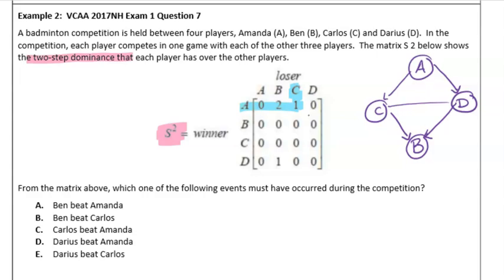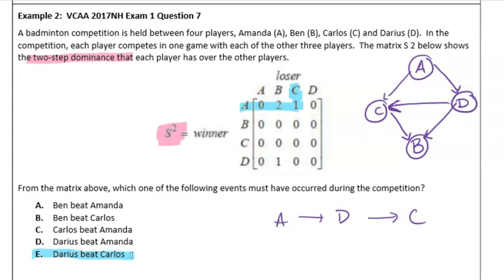And so here, in order to get a 2-step that links Amanda to someone who beat Carlos, it has to be Darius beating Carlos, working across that diagram that way. Because if Amanda beat Ben, Ben lost to Carlos. We already know this from that first interpretation of A having 2-step dominances over Ben. And so we can see here from our options, Darius beat Carlos is one of our options there, option E.